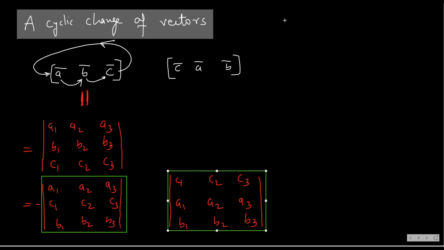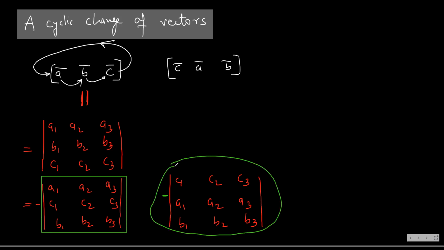Because you know, if two rows are interchanged, the value will be negative. So I will put a negative sign here. After putting the negative sign, the determinant you have out here is equal to this thing. So for this determinant, I have written a new determinant with a negative sign.